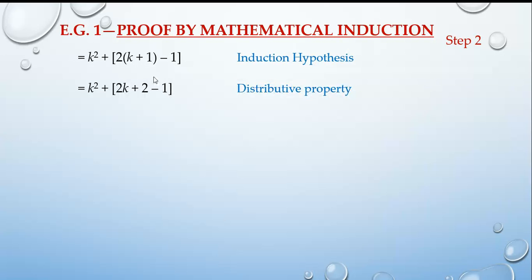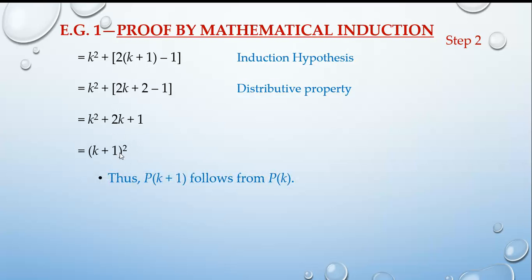Now we multiply 2 here, using the distributive property, that gives 2k plus 2 minus 1. After solving this, we get k square plus 2k plus 1. Now what is this k square plus 2k plus 1? You can say it is (k plus 1) whole square. And what is it? It is our right hand side, right?